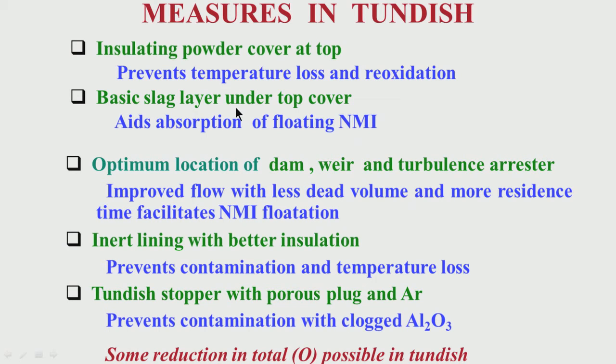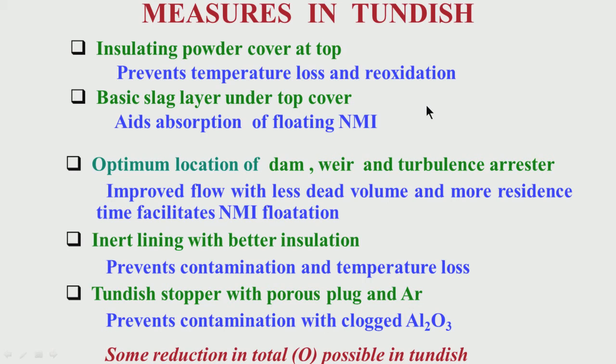So basic slag has to be there. On top of the liquid steel there is a basic slag, on top of that there is insulating powder like rice husk, but there should be less amount of carbon in the rice husk, because rice husk should be burned so that carbon goes out, otherwise there is a possibility of carbon pickup.